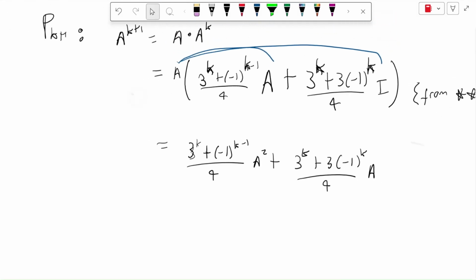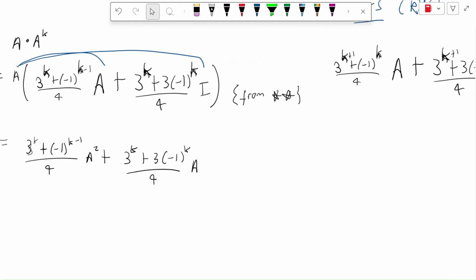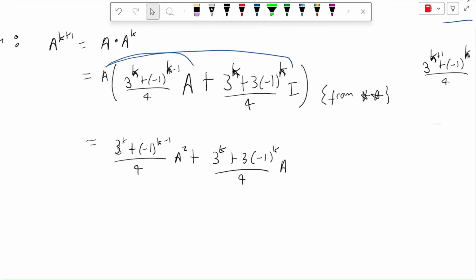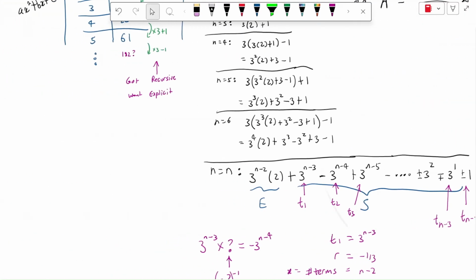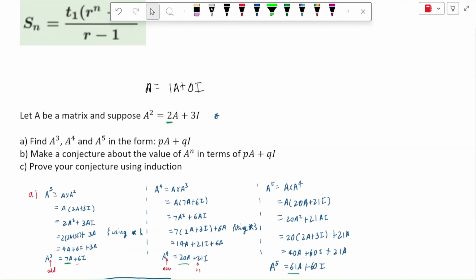So in theory, that should match. Anyway, let's keep going. Let's put in what A squared actually was. So (3^k + (-1)^k) take 1 over 4. Now, A squared was supposed to be 2A plus 3I.